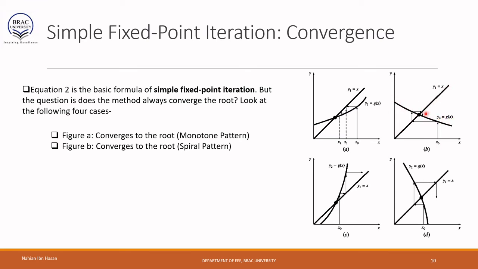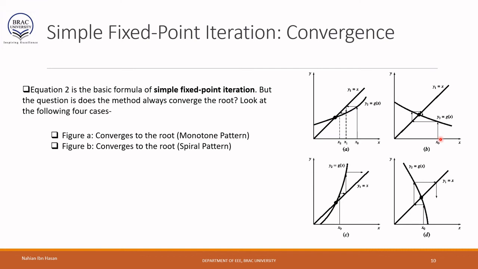That means we now have a decreasing function y equal to g of x, and our true root is at the intersection of the two graphs. If we initially assume x0 is our initial approximation and we calculate the iterations, we gradually converge to the original root.